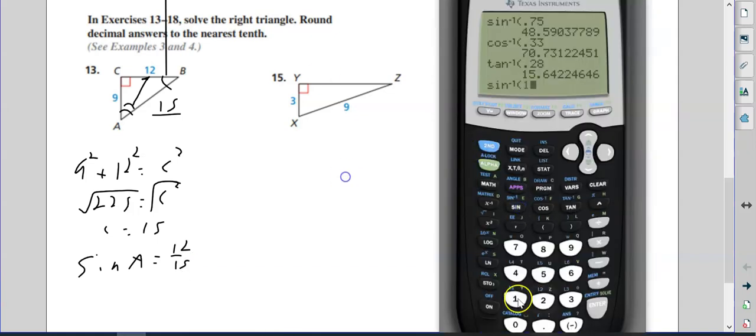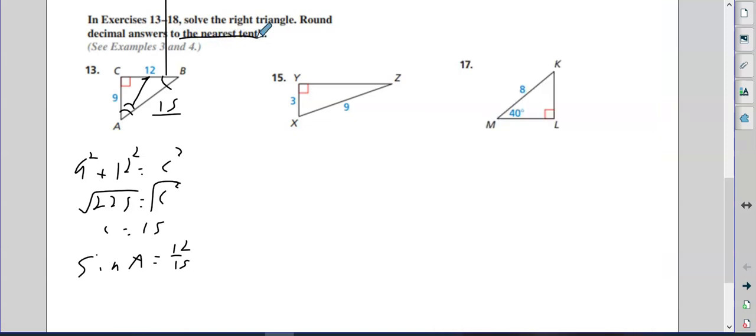And you don't have to do a decimal. You can just type in 12 divided by 15. And we get 53 degrees. We're going to round to the nearest whole here, I know it says tenth here, but for simple math, we're going to say angle A is 53. And then all we have to do for angle B is just do 90 minus 53, because we've already used 90 degrees here. So this is going to be the complement, 90 minus 53. Angle B is 37 degrees.